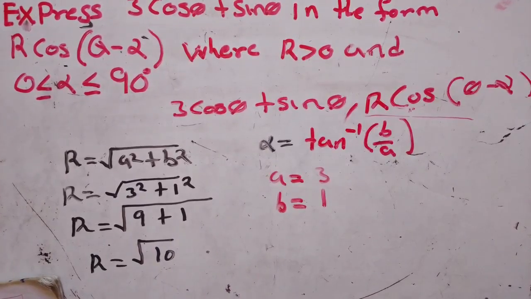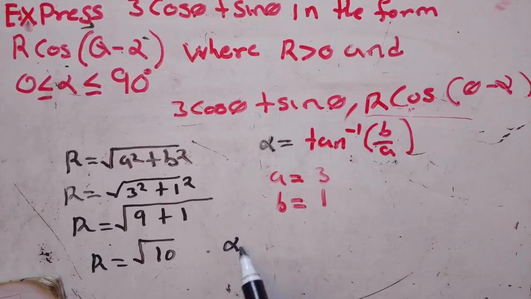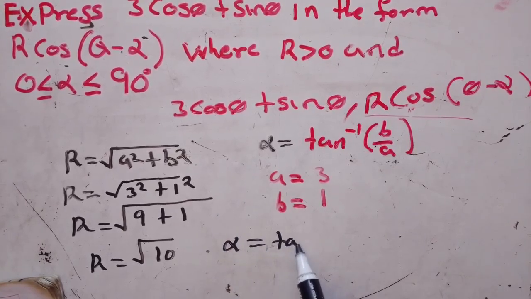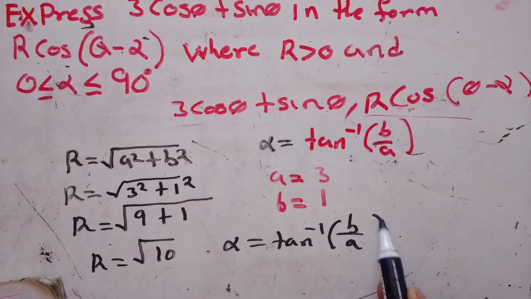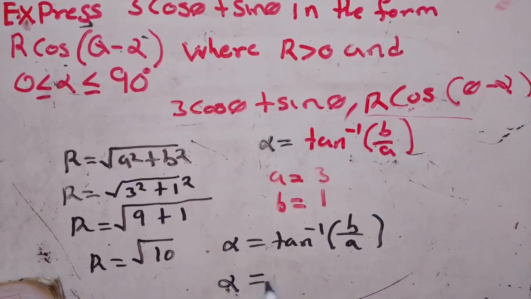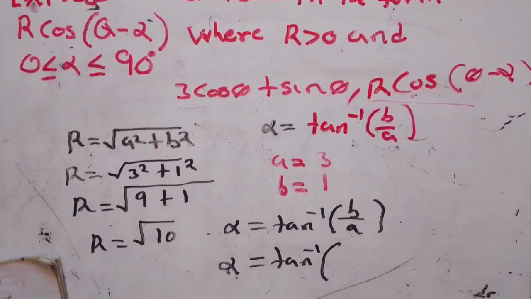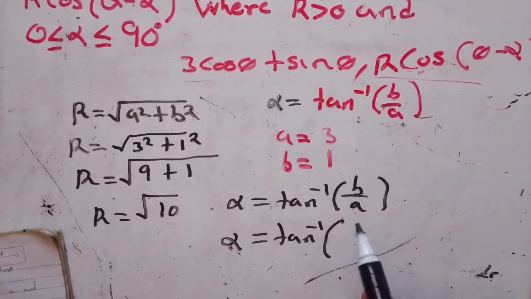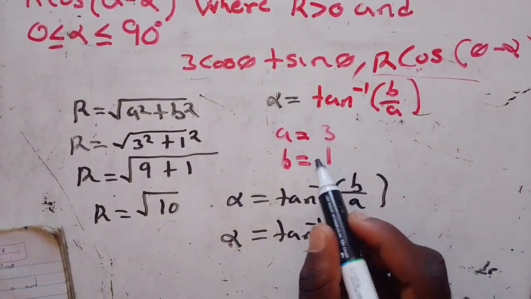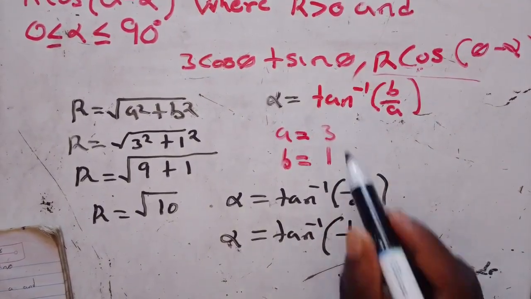So this is our r. Let's now find the value of the acute angle. We know that the acute angle is given by the formula tan inverse of b over a. So acute is equal to tan inverse of our b, which is 1, and our a, which is 3.